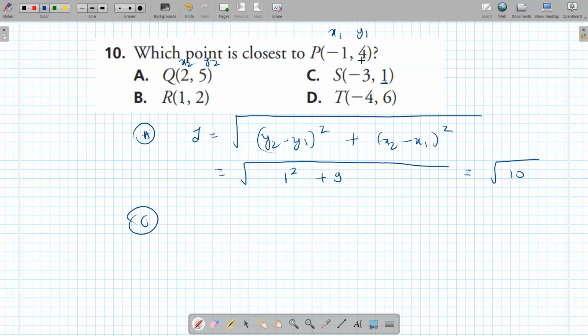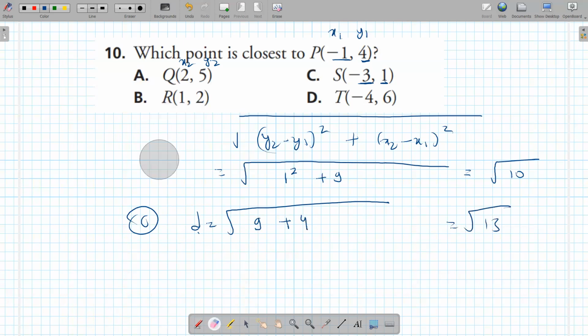y2 minus y1, so that is negative 3 squared, which becomes positive 9, plus x2 minus x1. So negative 3 plus 1 is negative 2, squared becomes a 4, so that's root 13. So C is winning now.